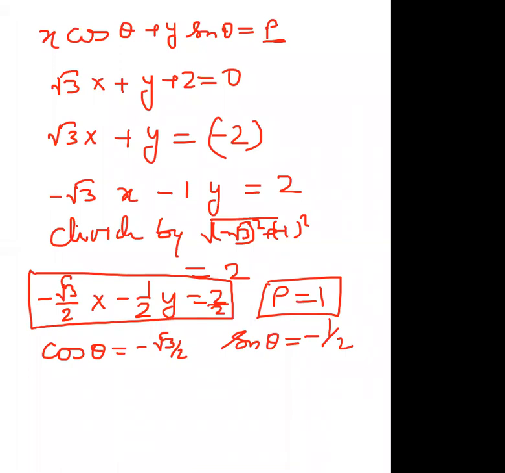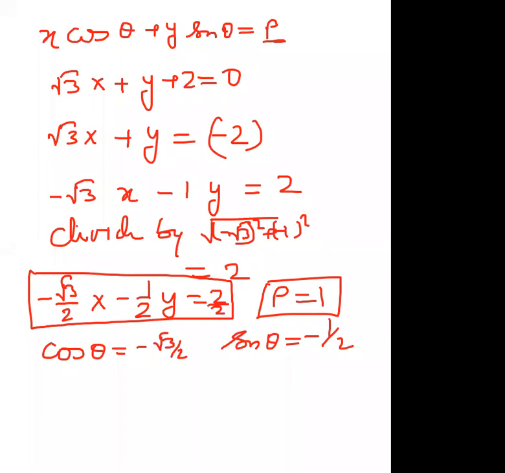Now sine and cos both are negative. In which quadrant will theta lie? In the first quadrant, all are positive. Second quadrant, sine positive.